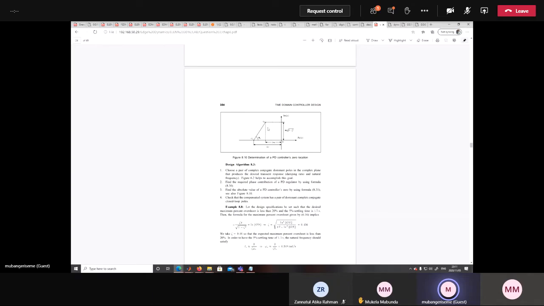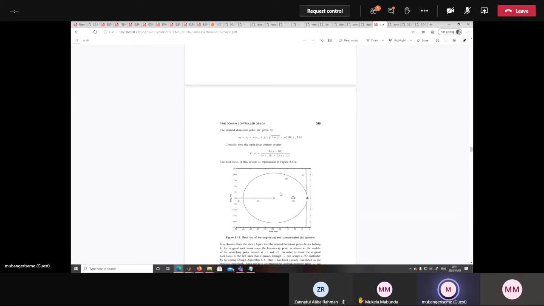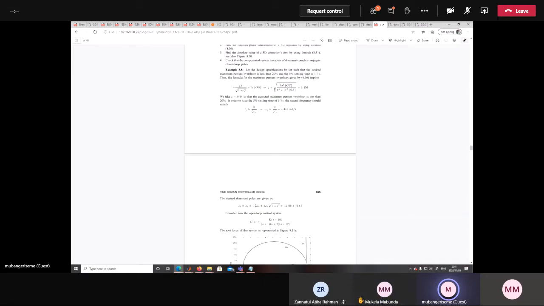So how do we construct that? The desired dominant pole is minus zeta omega n plus or minus j omega n times square root of 1 minus zeta squared. Okay, try that.